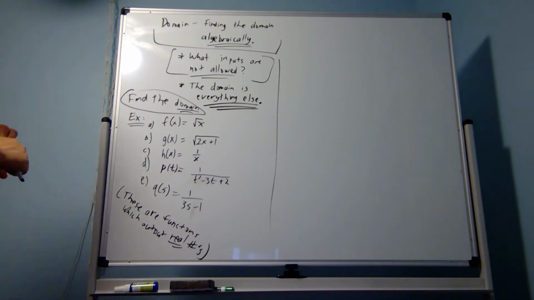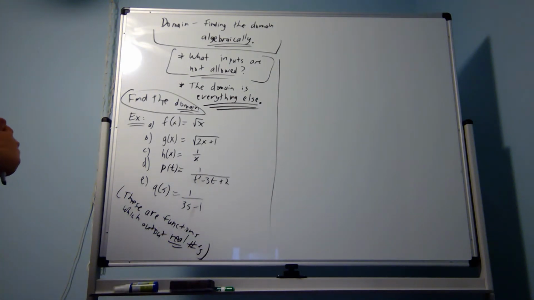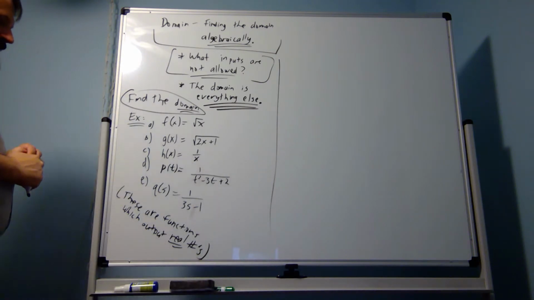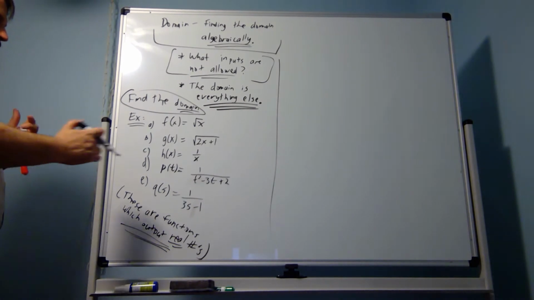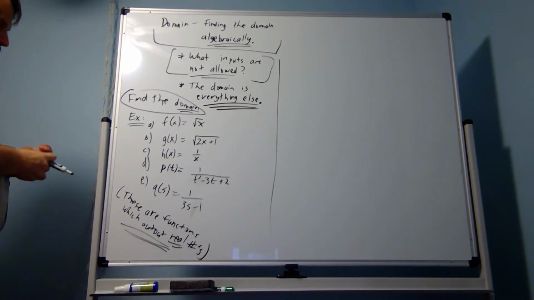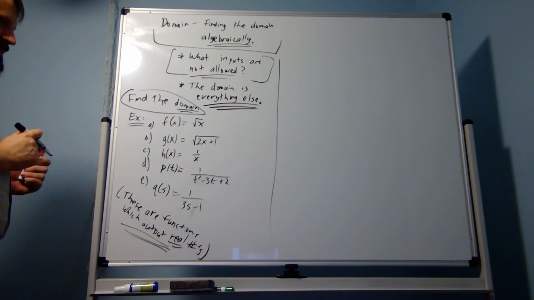There are other situations where if you allow the complex numbers to enter the picture, then things get more complicated and some outputs are suddenly okay. We'll address that as we get to it, but if we treat these as functions from the real numbers to the real numbers, certain inputs are allowed and certain inputs are not.